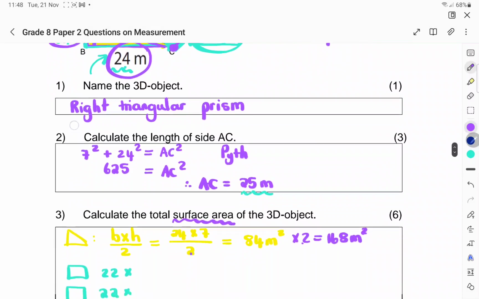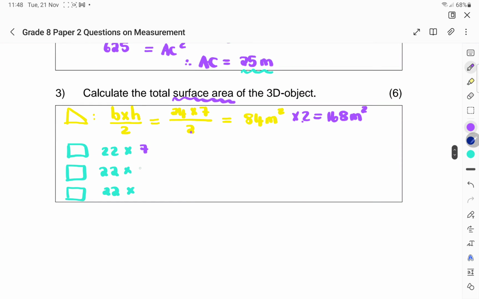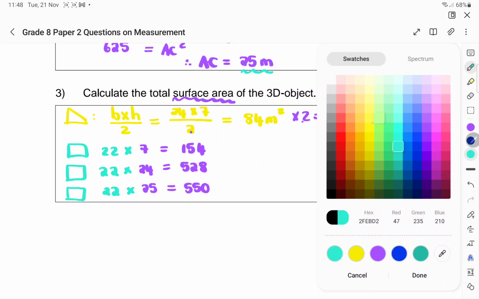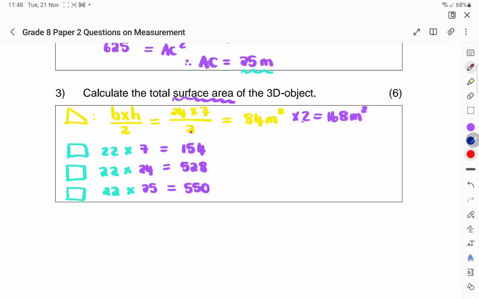So 7, 24, and 25. And that is your length and breadth of each rectangle over there. So 154, 528 and 550. And now we need to go and add all our totals together.